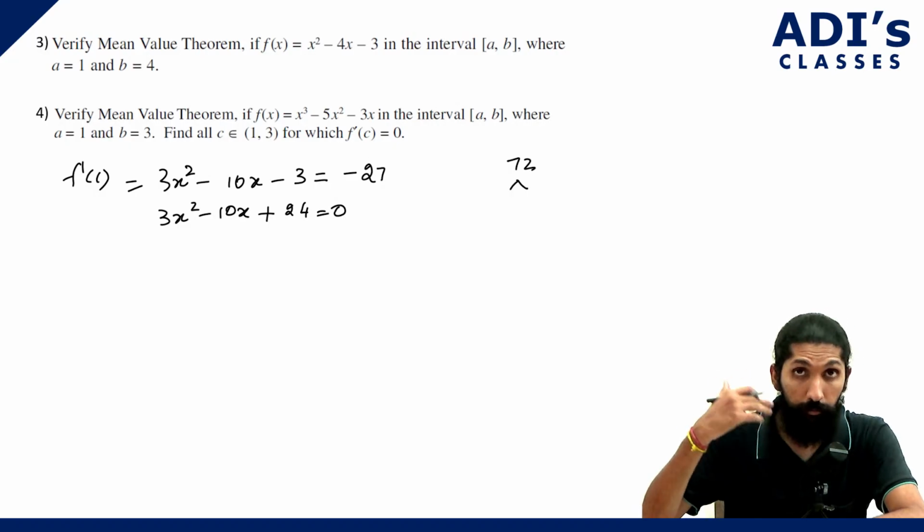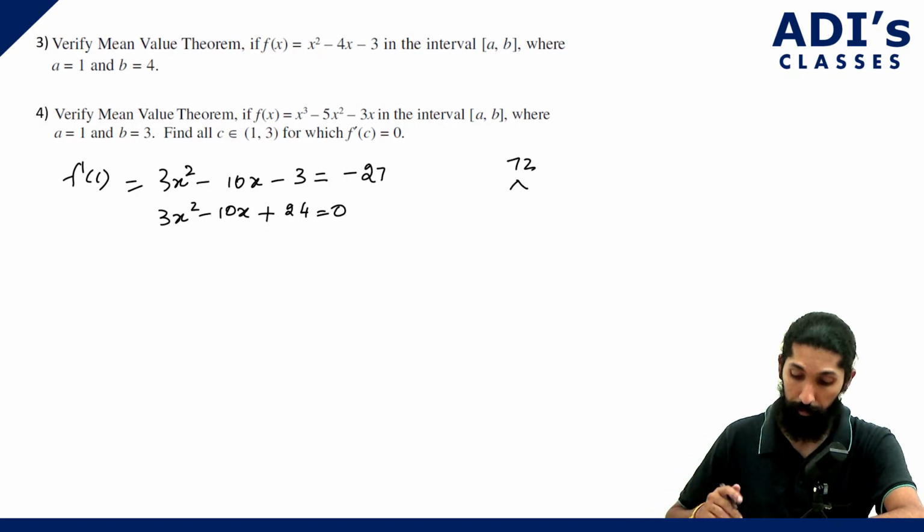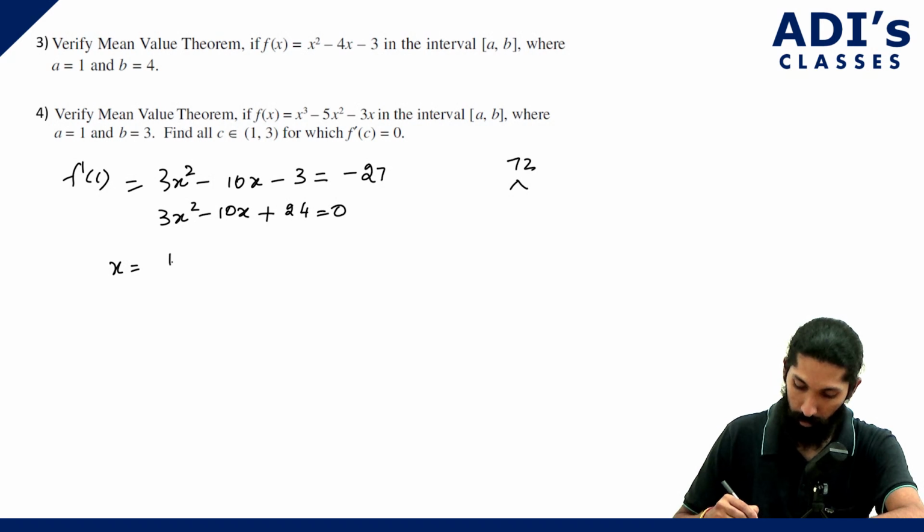Since we can't find the proper way, just apply the formula. See, if you're applying the formula, x is equal to 10 plus or minus root of 100 minus 3 into 24 divided by 6.